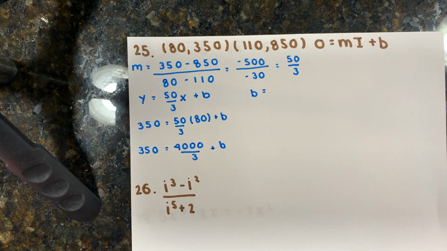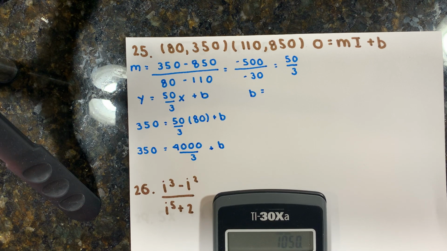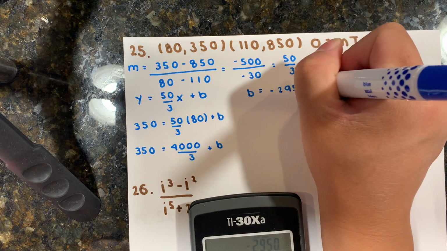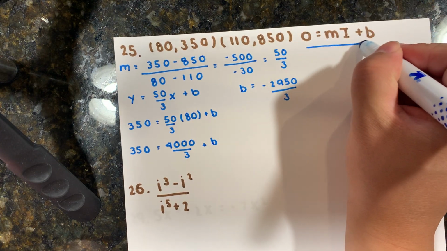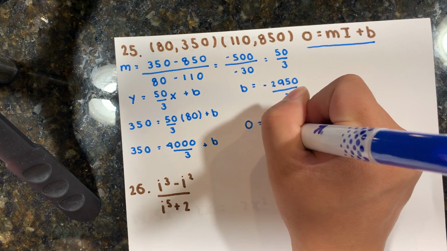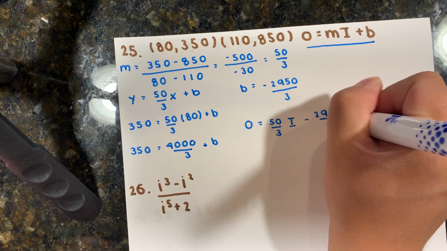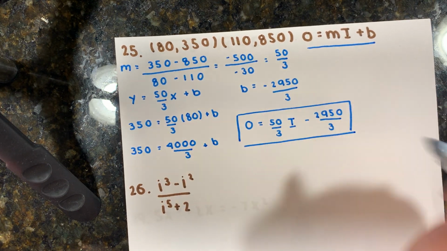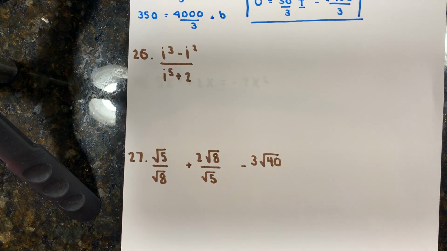So b is going to be equal to, if I put 350 over 3, 350 times 3, and then minus 4,000, would be -2950 over 3. So your answer to fill into this equation right here would be O is equal to 50 over 3 x, or I, minus 2950 over 3. And those are just going to be estimated, so those are going to vary based off of the points that you chose.